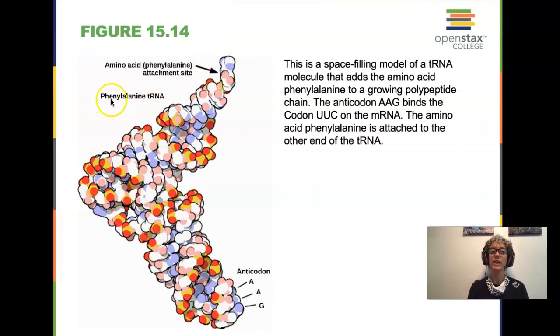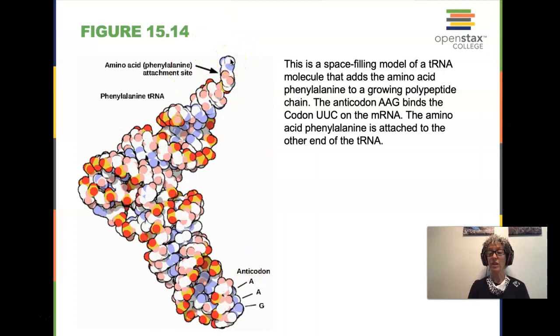This is called a phenylalanine tRNA because this anticodon will hydrogen bond with the codon in the mRNA that specifies the amino acid phenylalanine. Because of this anticodon recognizing the codon for phenylalanine, which must be CUG, it will attach to that amino acid.